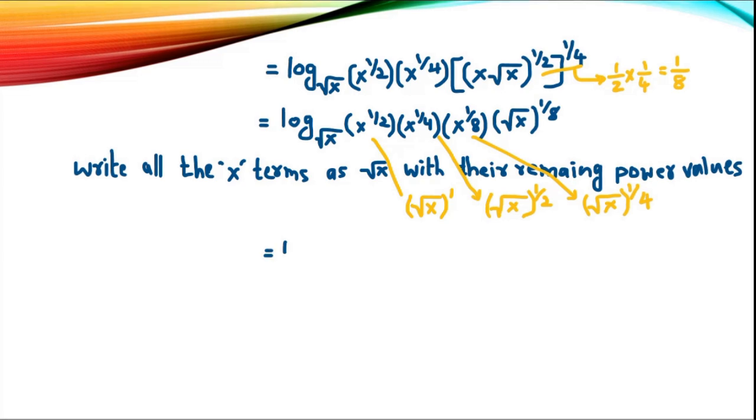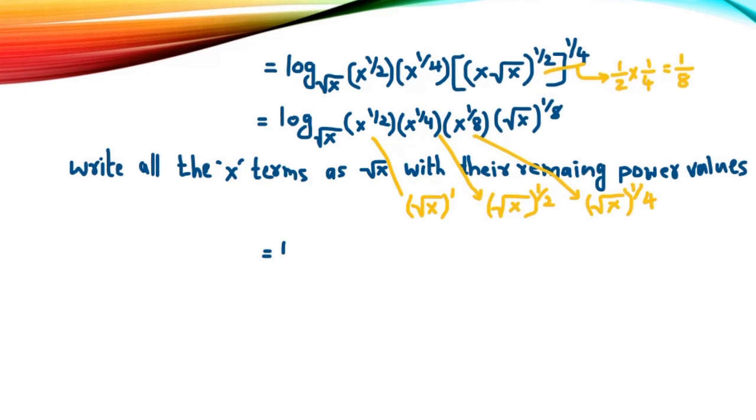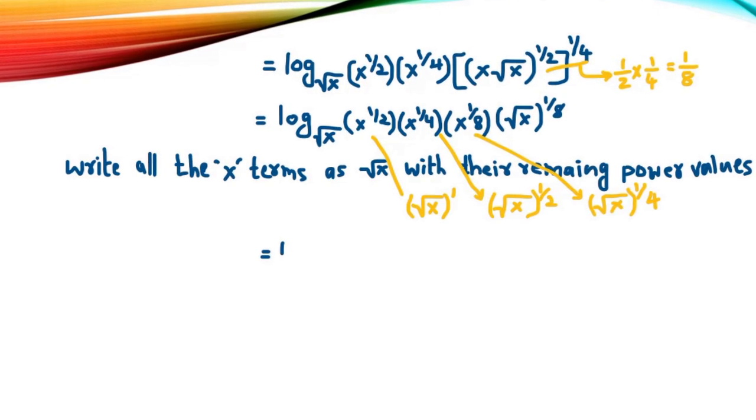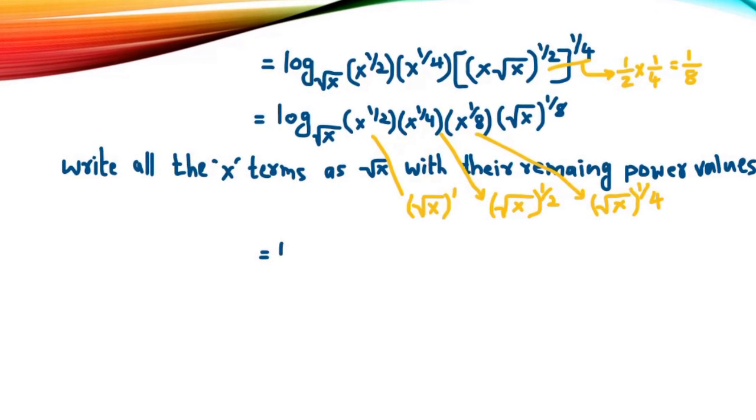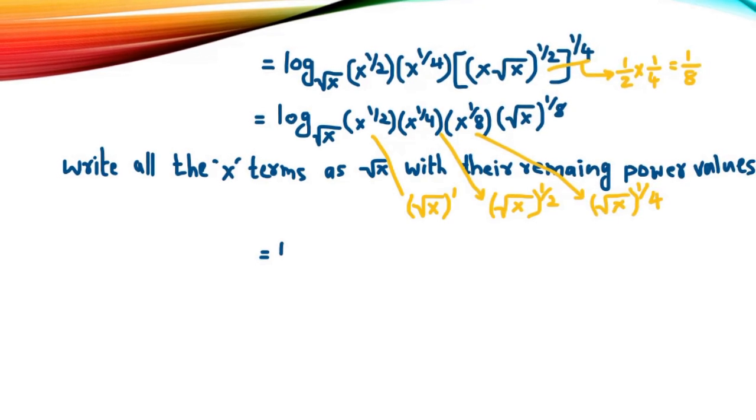And here we have 1 by 4 as power, which is written as 1 by 2 into 1 by 2. So we can write square root of x whole to the power of 1 by 2. And here 1 by 8, we can write it as 1 by 2 into 1 by 4. So we can write it as square root of x whole to the power of 1 by 4.